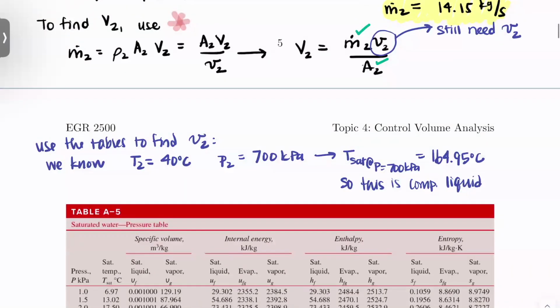I did not provide you the compressed liquid tables, but we do not have an entry for this specific combination, or for this pressure. So we are going to approximate V2 as vf at T2. All right. Not at P2, at T2, right? Always by temperature.